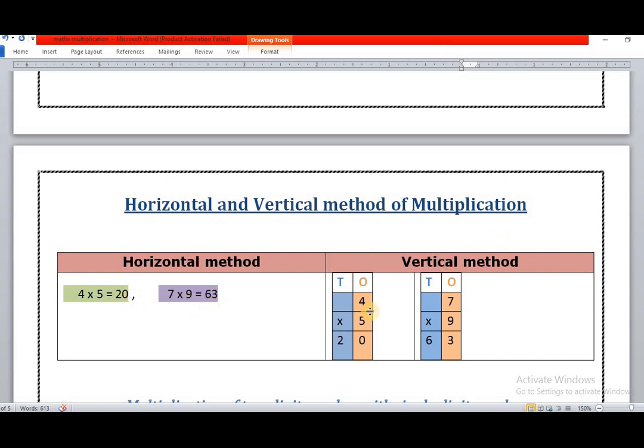And the vertical method is written like this, which runs from up to down on the page. See, I have written it in this way. Horizontal runs from left to right, and vertical runs from up to down on the page. Clear? 4 into 5 is equal to 20.